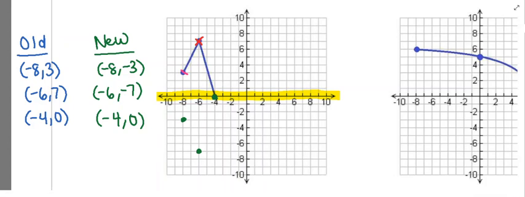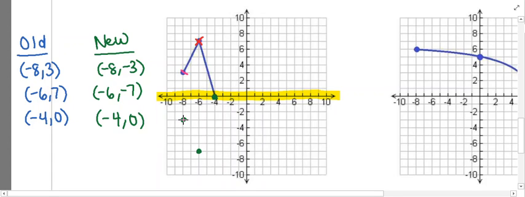To do this correctly, you're going to connect the dots with the same shape as the original graph, and you need to do this from left to right. In the original graph, everything is a line, so we're going to connect everything with line segments. Go from left to right.